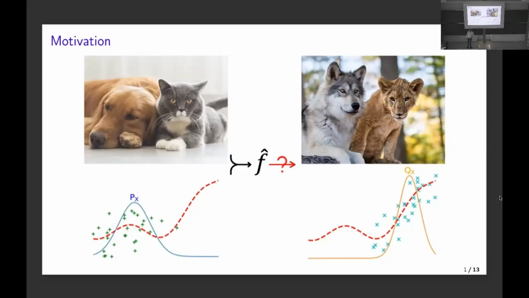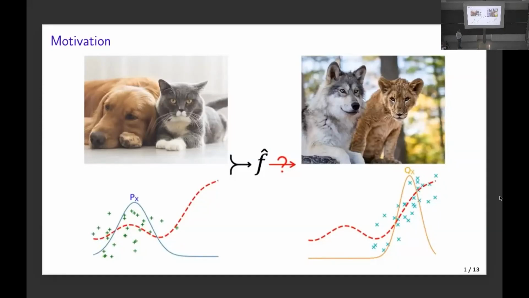Well, an idea is to use transfer learning, which broadly says that because some vague similarity appears between lions and wolves and cats and dogs, then maybe one can use the information of the first estimator to have a nice fit on lions and wolves. And this is the broad question I would like to discuss today.